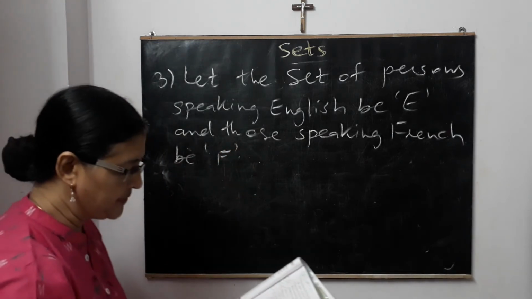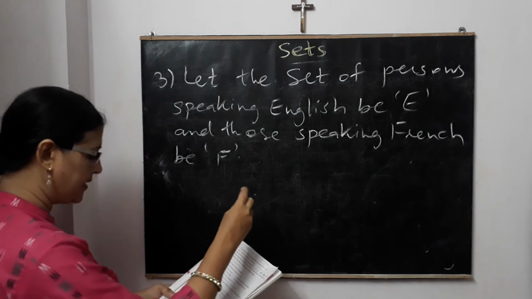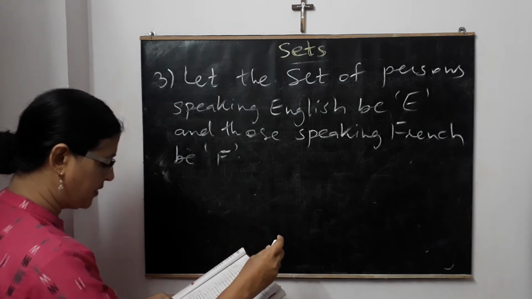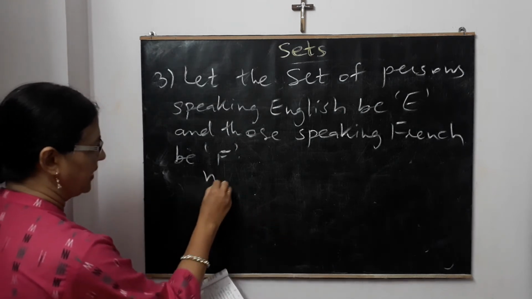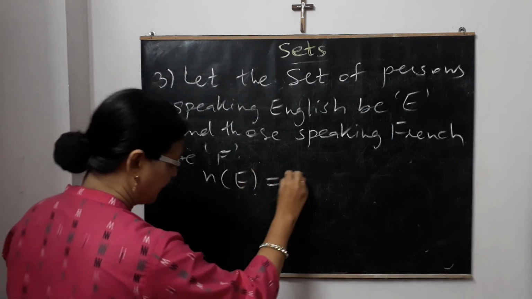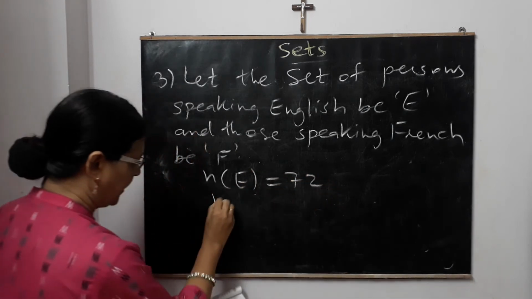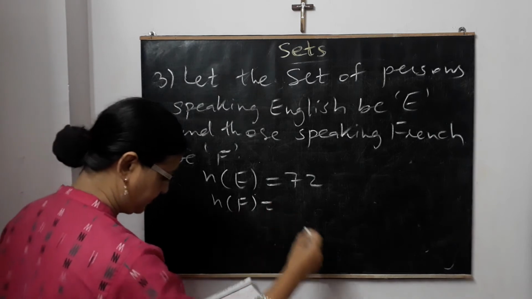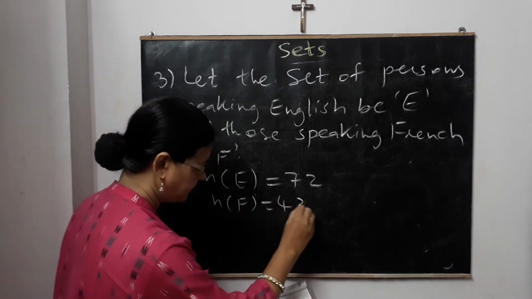Now they have given the total, 100 are there. You have got English, n of E, that is given 72. n of F is given 43.